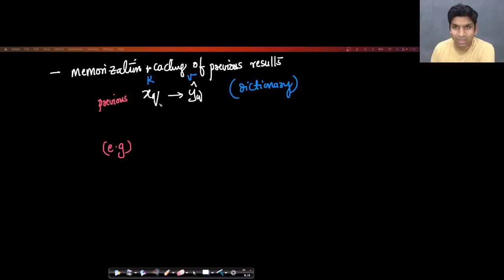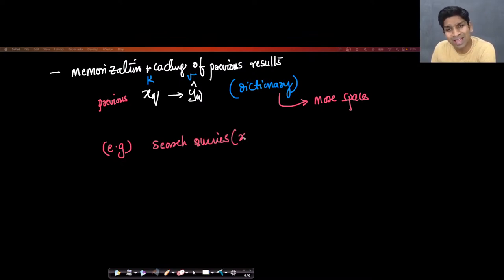Interesting. Okay. So here the dictionary may lead to more space being consumed. Actually, let me give you an example where something like this might work. Imagine you have search queries. If each search query is my XQ, a string encoded into a vector, and that pre-processing is already done, right?